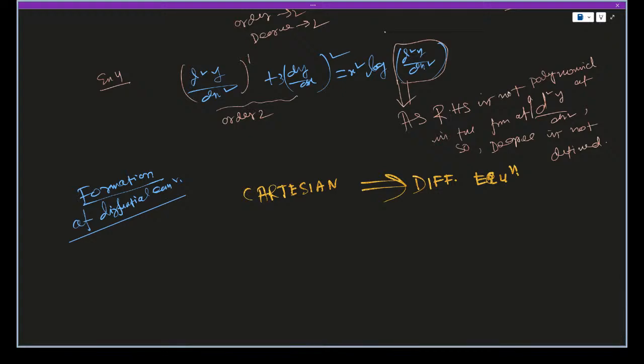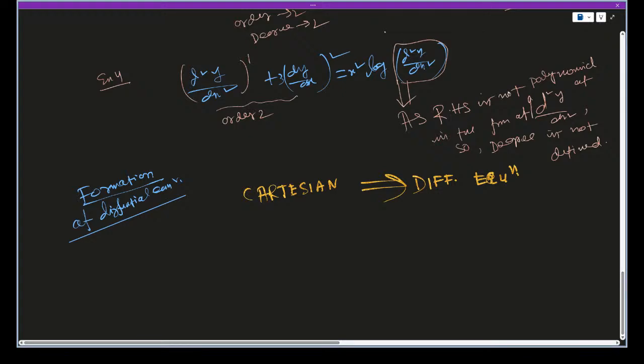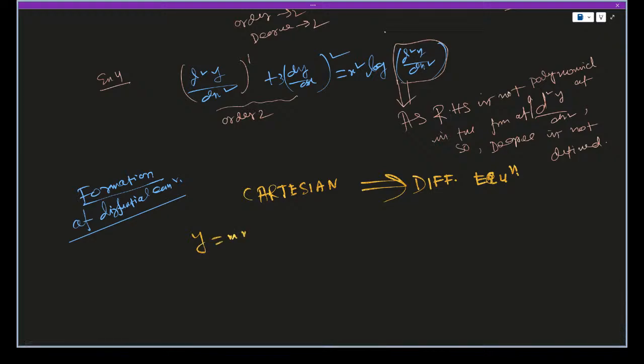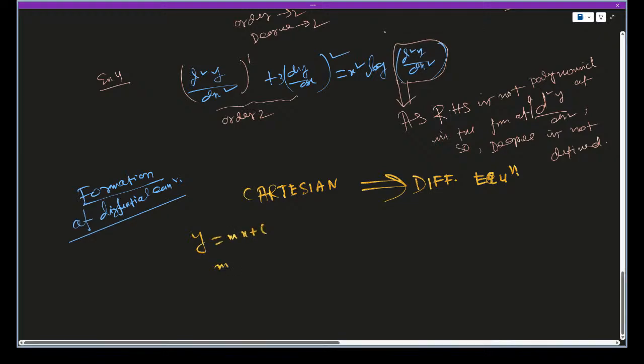Now, in the Cartesian equation, some arbitrary constants are there, like y equal to mx plus c. m and c are constants. Okay? And differential equations, you have seen so many. Cartesian equation, this is for a straight line. There may be a parabola, there may be anything, a circle. From there, I have to get a differential equation by eliminating these constants, which are known as arbitrary constants. Okay?